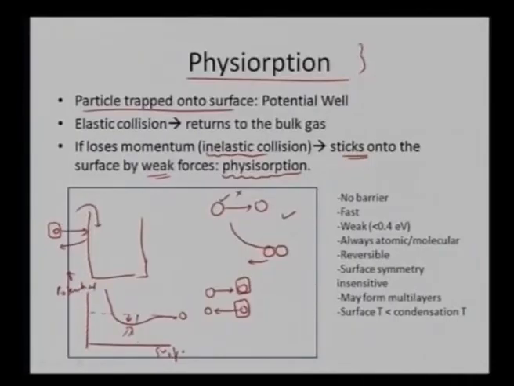Now it requires certain energy to get desorbed from the surface, and this may not happen in very quick succession. The ion or the molecule can stay there for a little longer time, and this happens because we have collisions happening with the particular molecule.